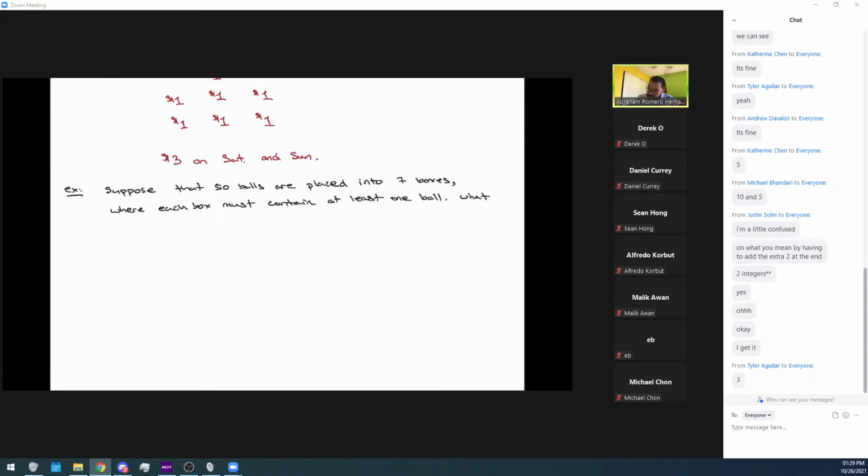What is the most? Suppose that 50 balls are placed into 7 boxes, where each box must contain at least 1 ball. Okay, so we have 7 boxes.